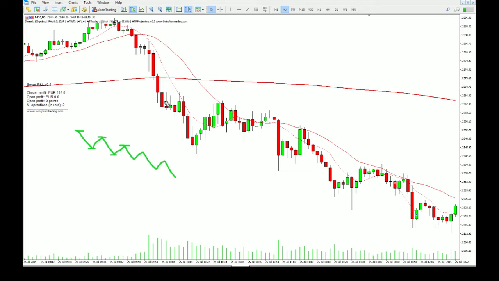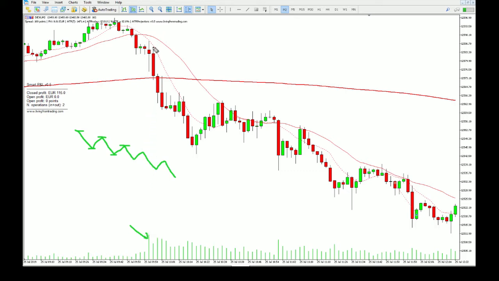So as you can see, the DAX starts to get a lot of volatility when the London session starts. And at this point today, you can see by the volumes, when they increase a lot, this is when the London session starts.